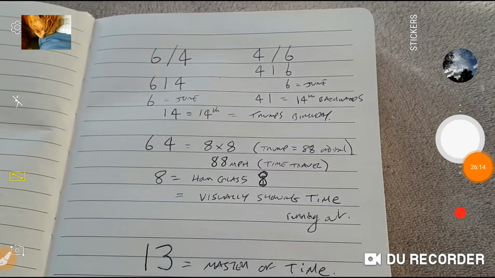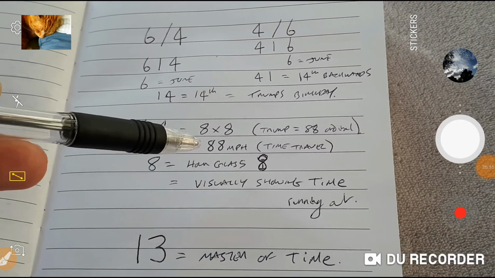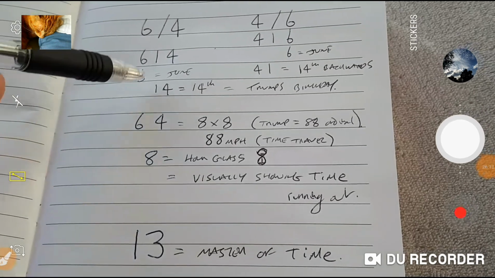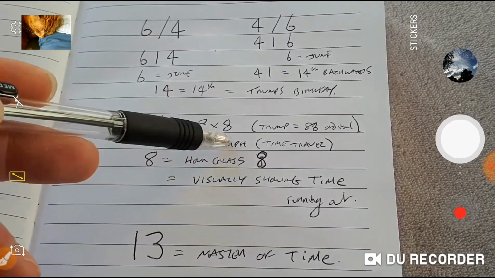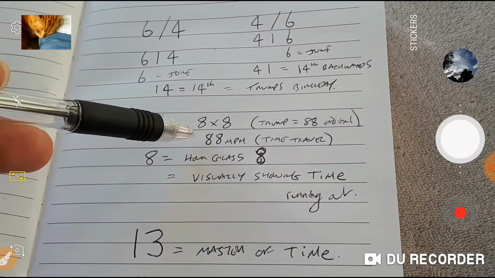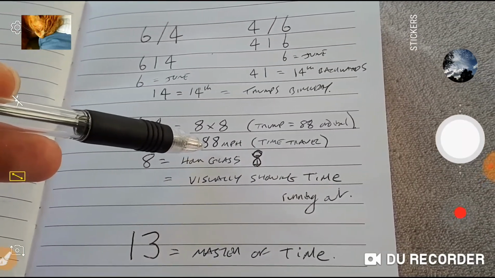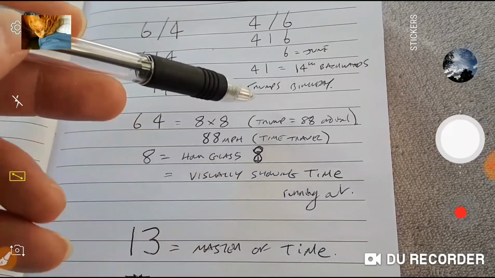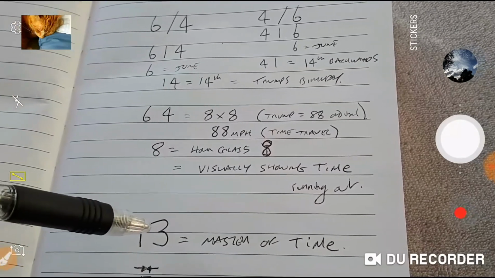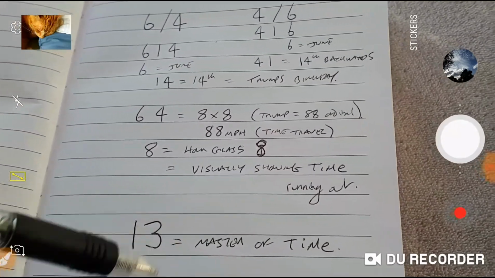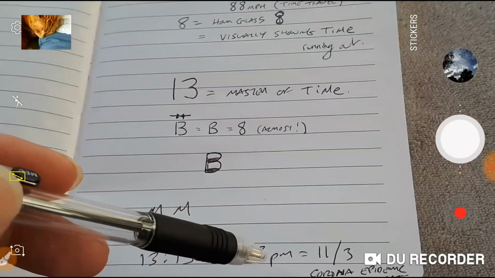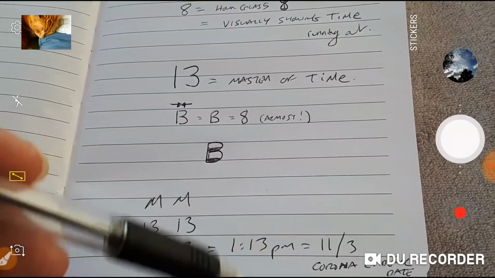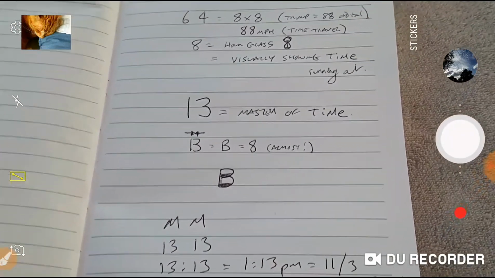Already showed at the beginning of the video with the 88 for today's date, 8 times 8, 64. Biggest number in Back to the Future. Time travel trump, 13, 131. 131 is the train number for Back to the Future 3.